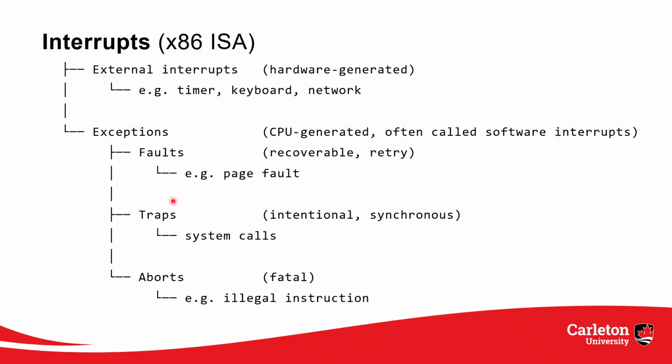And then finally, the ones we're talking about in this lecture, in these chapters, is the trap. So these are things we did intentionally, on purpose, and these are what we use for system calls. This is when we invoke that special interrupt function with a specific integer value for our vector number.